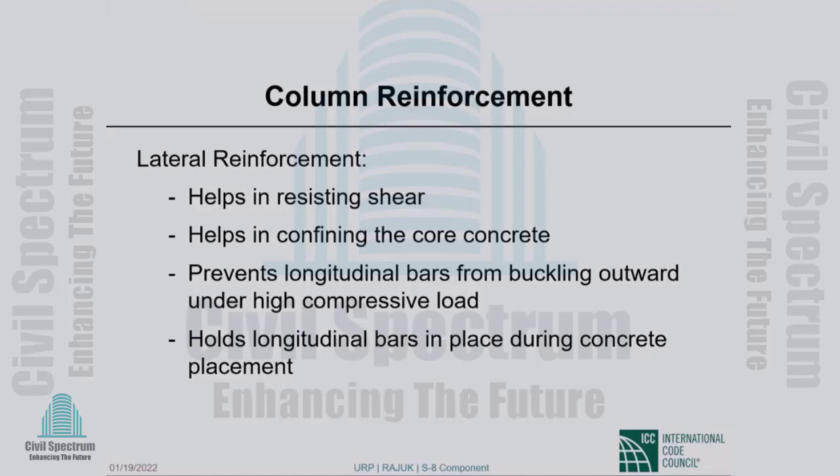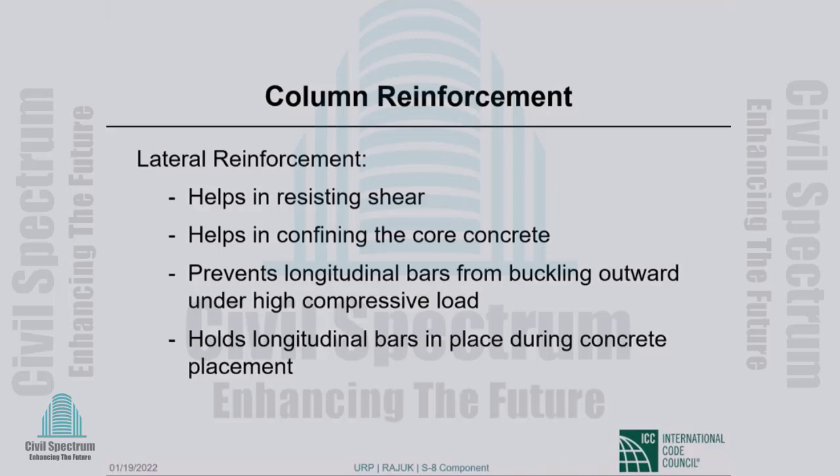But if the compression is significant, then buckling out of the bars by destroying the thin cover concrete is entirely possible. It does happen. And to prevent that, we have to place lateral reinforcement again at a reasonably close spacing. Six times the bar diameter or so is needed to prevent buckling. Something in that neighborhood.